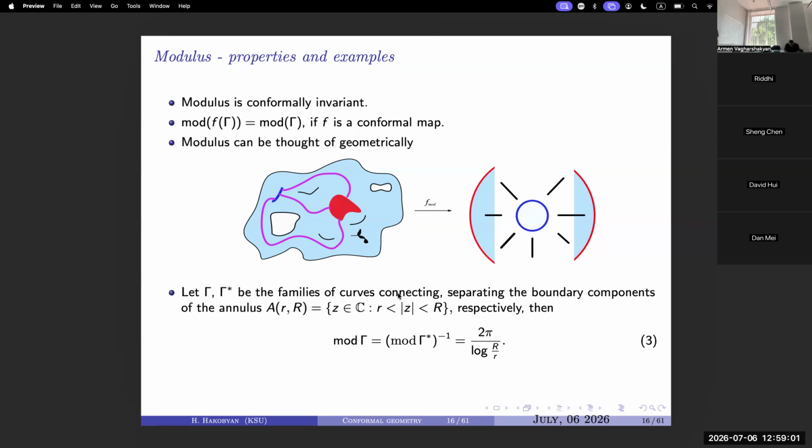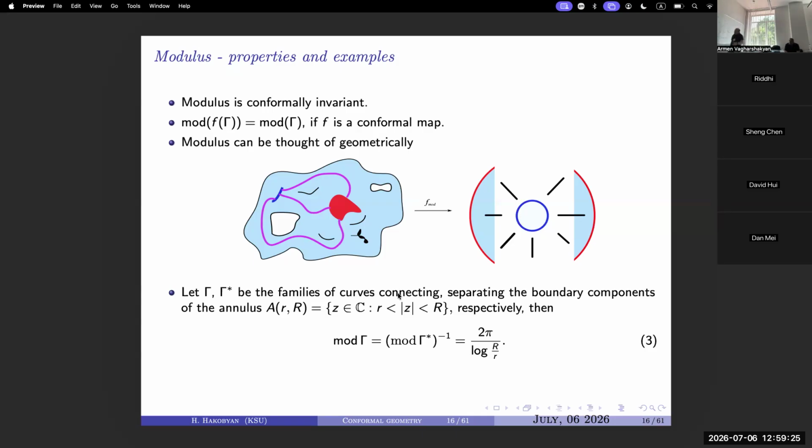And it turns out that you can calculate the modulus as follows using this formula: the modulus of the family gamma of curves connecting the blue to the red in this region is given exactly by 2 pi divided by the logarithm of R over r, where R is the radius of the big one, and the smaller r is the radius of the small one.